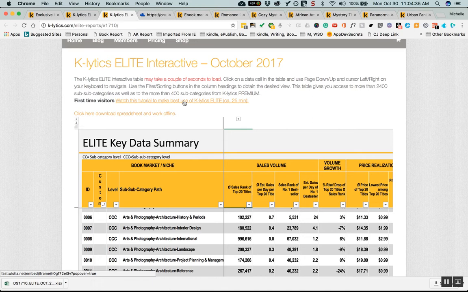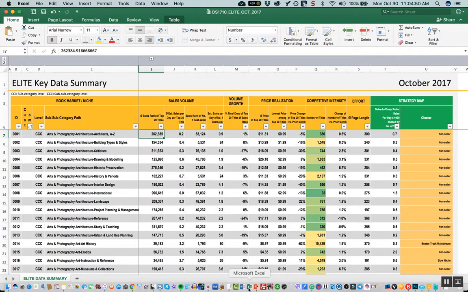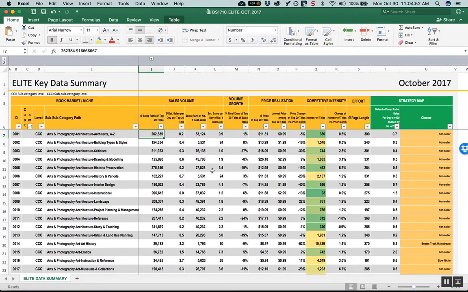It's a very good video that I encourage you to use if you've not used this before. But for sake of what we're going to be doing today, I'm going to be showing you how I drill down to figure out what's going on in the market using this. So I have downloaded this and I have opened it up in Excel, and you can see it right here.